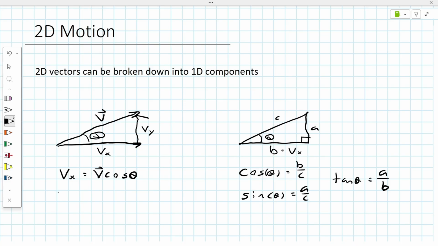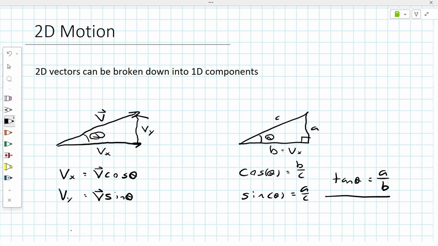And similarly, if we wanted to find vector v sub y, we would multiply the total vector magnitude times sine of theta. And these would be the magnitudes because we're taking the direction away from this vector and breaking it up into one-dimensional components.